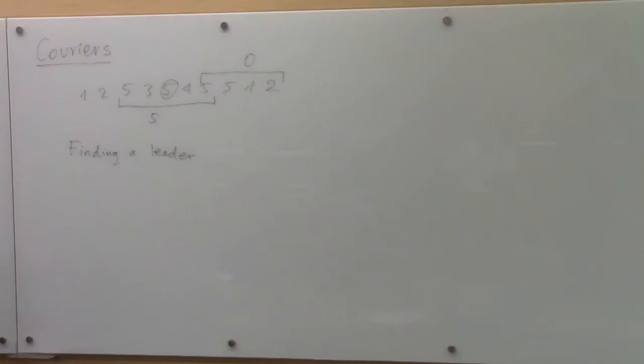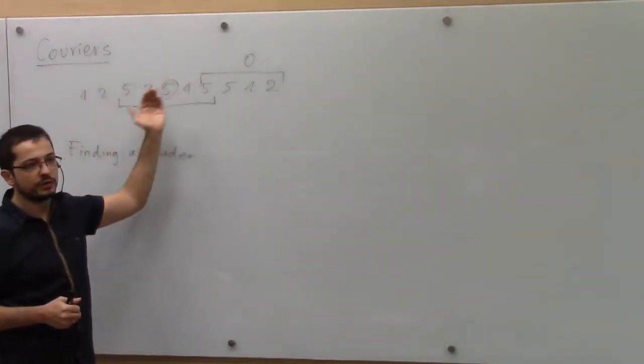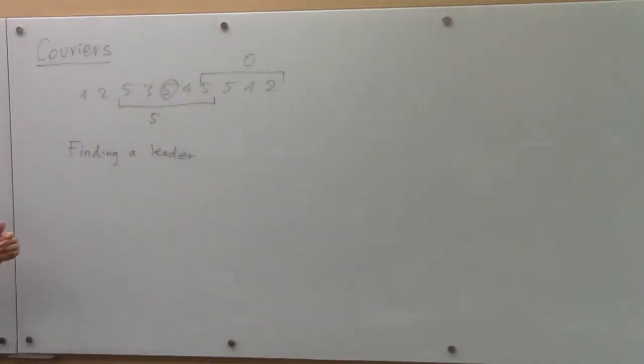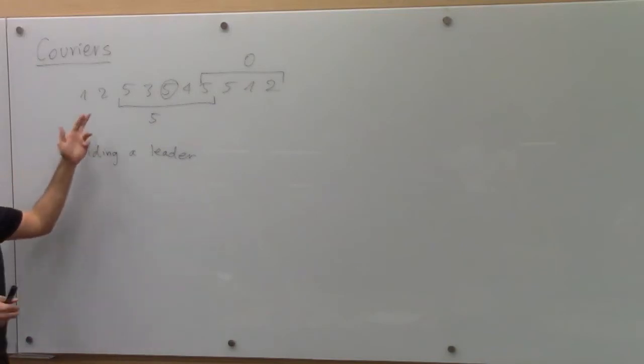For instance, you could just iterate over this part of the sequence, counting each number in a map or something like this, and then take the number with the most occurrences and test whether the number of these occurrences is at least half the length of the segment.